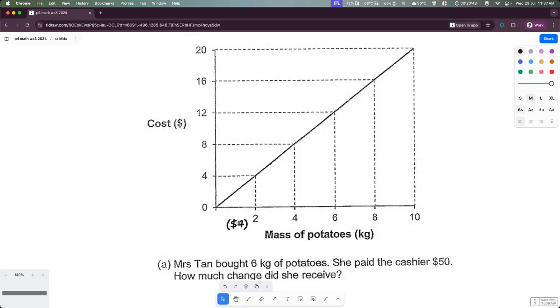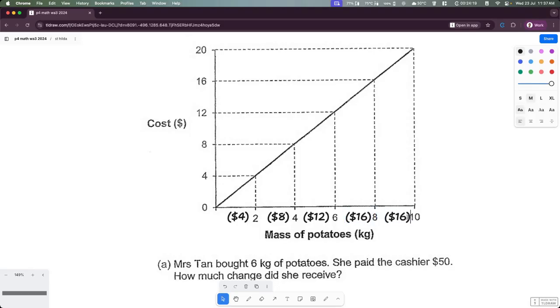So 4 kg is $8, 6 kg is $12, 8 kg is $16, and 10 kg is $20.